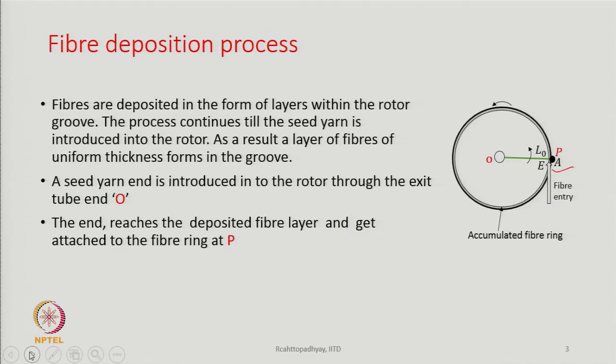You can say that the yarn end which we have fed will somehow get tied up with the fibers which are already there, and hence a joint gets built up, and now we start pulling the yarn out. That is the stages of what happens.